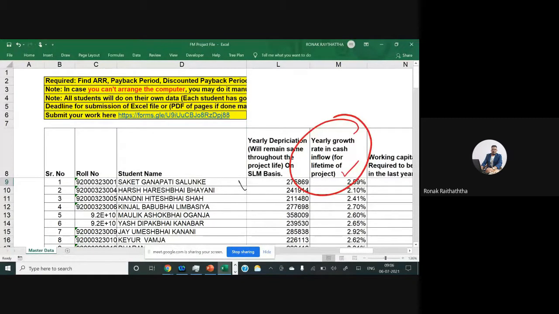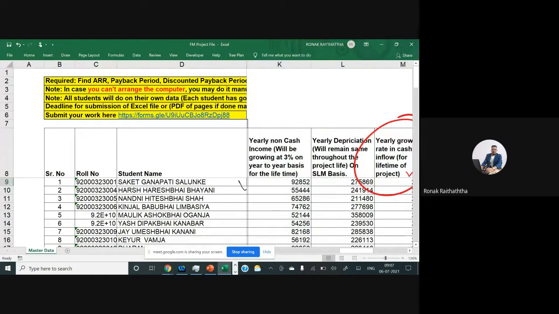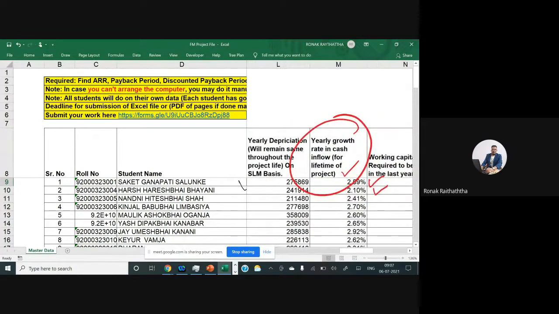So whatever cash inflow you have got for the first year, for the second year you will increase it by 2.59% in case of Mr. Saket. In case of Mr. Harsh, he will increase it by 2.1%. I hope that's clear to everyone. So you will get the cash inflows of all the years of your useful life. Say the useful life of the project is 15 years, you will find the cash inflows for all 15 years. I hope you are getting my point.